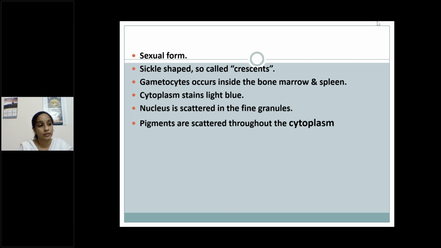Nucleus is scattered in fine granules. Next point, pigments are scattered throughout the cytoplasm.